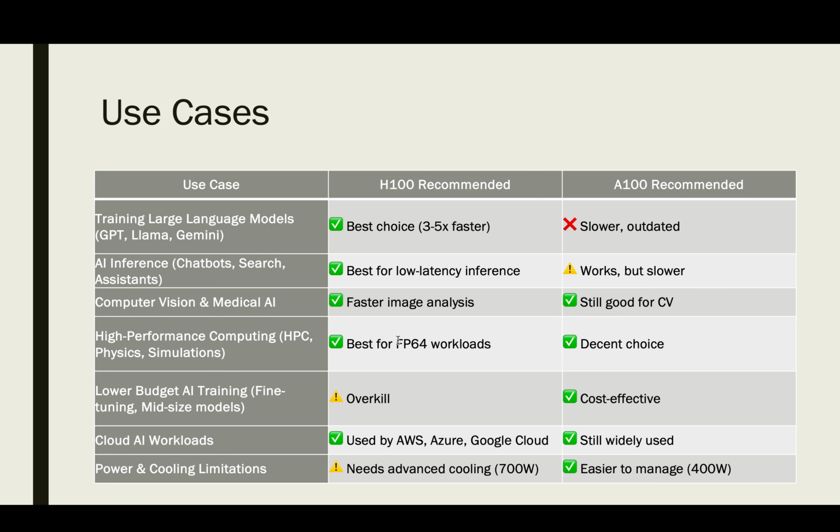In a nutshell, if budget allows, H100 is the best choice for cutting edge AI and ML workloads, and the A100 is still useful for cost conscious teams, but it is falling behind in large AI models.